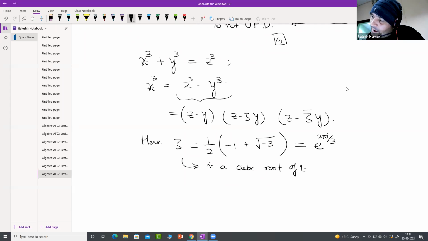And we will see that this zeta is an algebraic integer, and this factorization holds inside the ring Z[zeta].